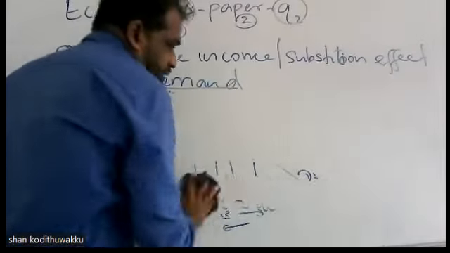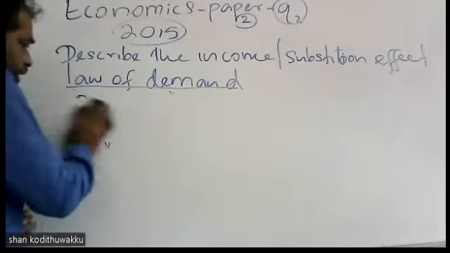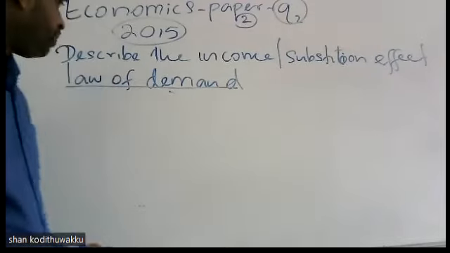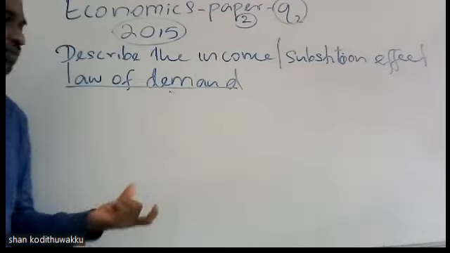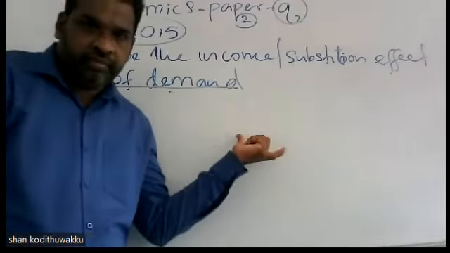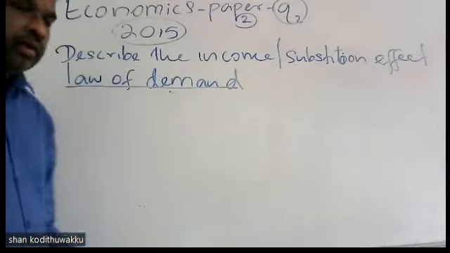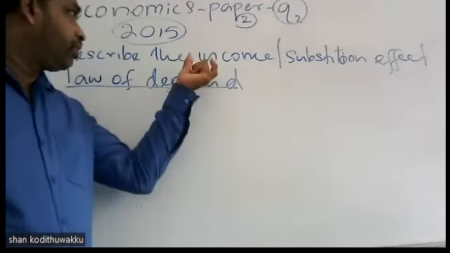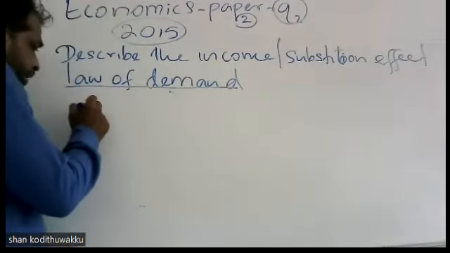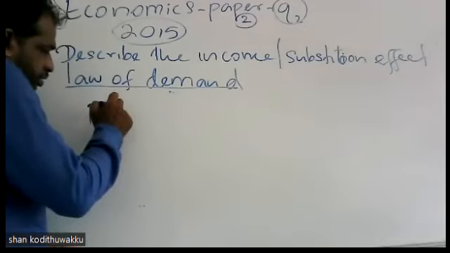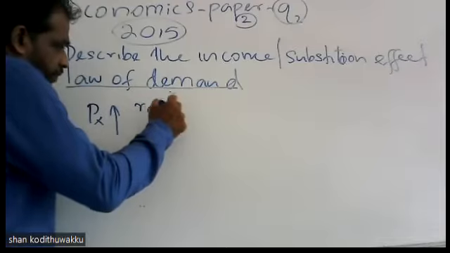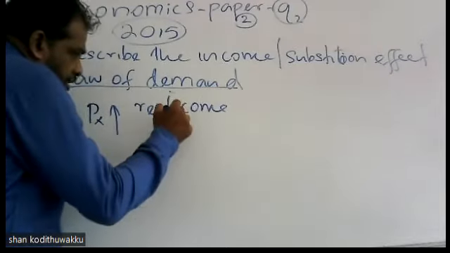Right. What is the income effect? When the price of the product increases, people's real income will come down. When the price of the product PX increases, the real income will come down.